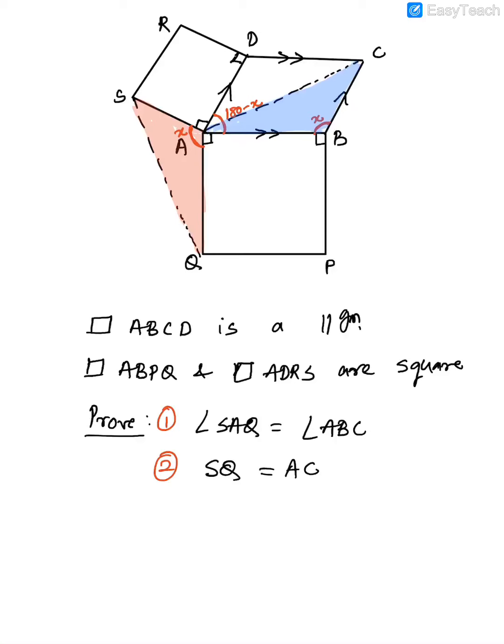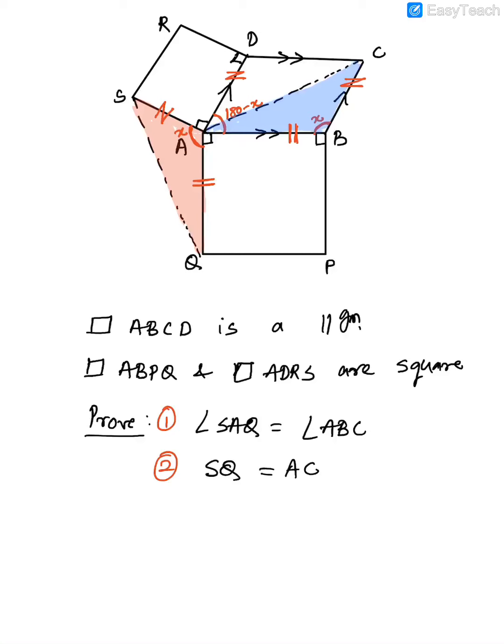So one point is what? Angle X and X that we already proved. Now it's very simple. We can say this side is equal to this side. Why? Because they are adjacent sides of the same square, ABPQ. So sides of a square are equal. And here I can say that SA is equal to DA. What will be the reason? Sides of a square ADRS are equal. Then AD is also equal to CB. Check properly.